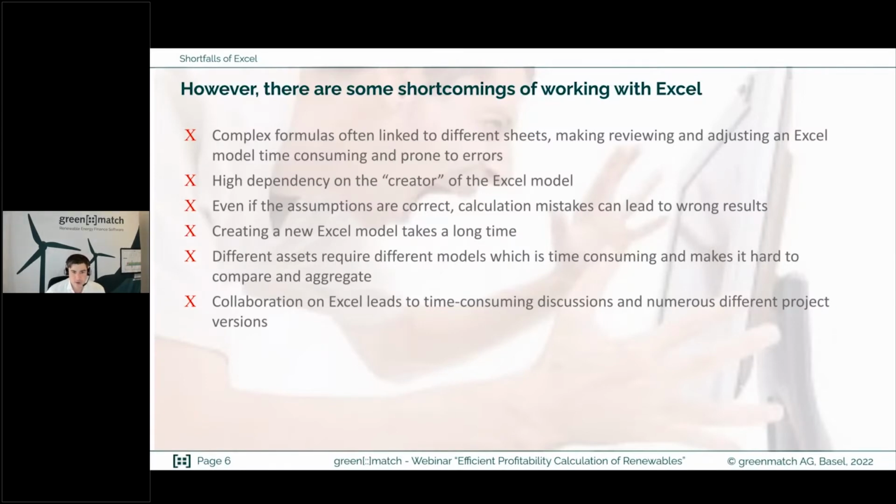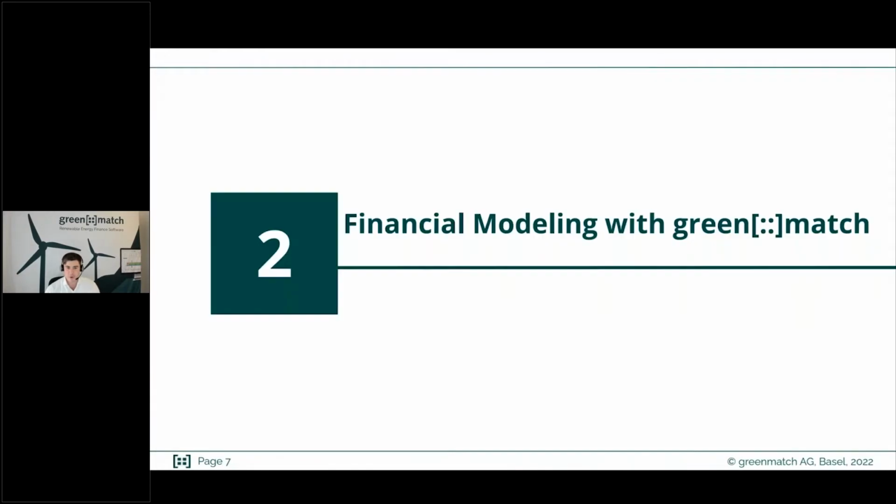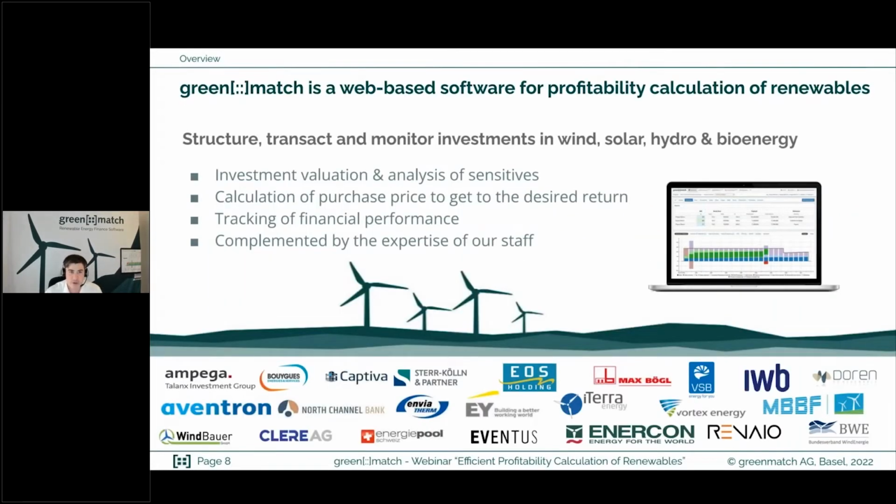Good, so after this, I will show you another way to do the financial modeling of renewables, which is financial modeling with greenmatch. To start this section off, just some words about greenmatch itself. It is a web-based software for profitability calculation of renewables.